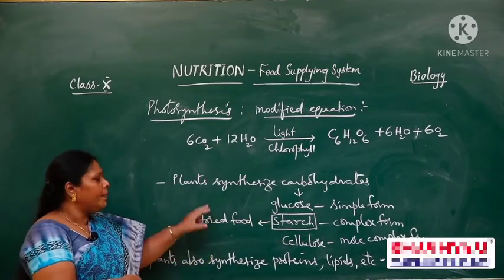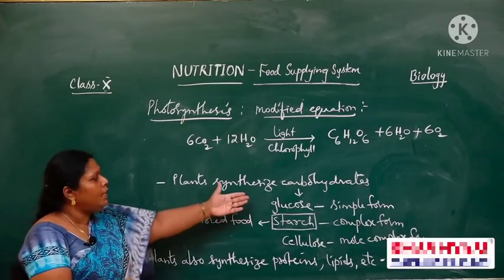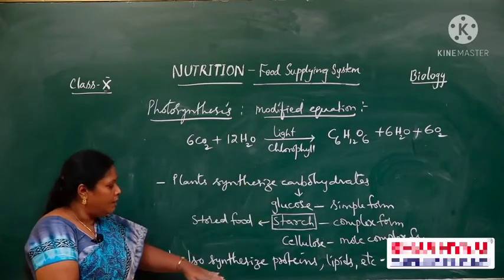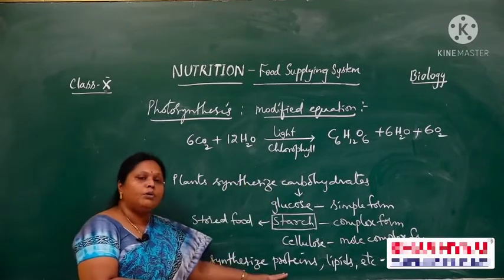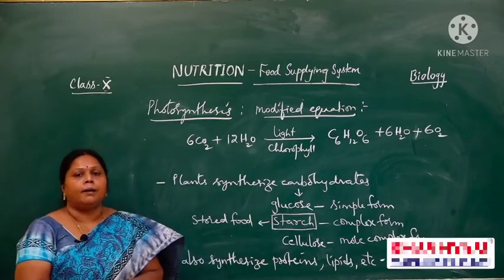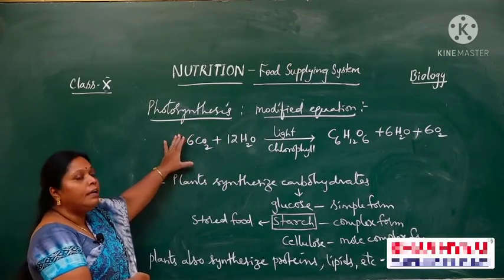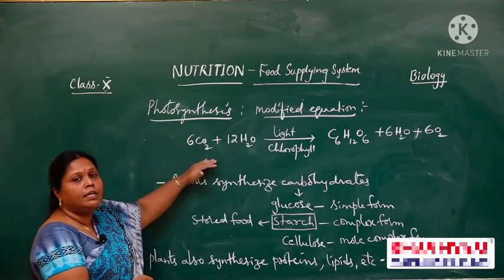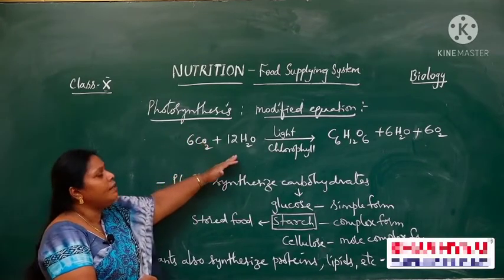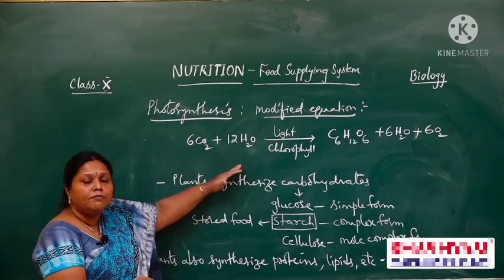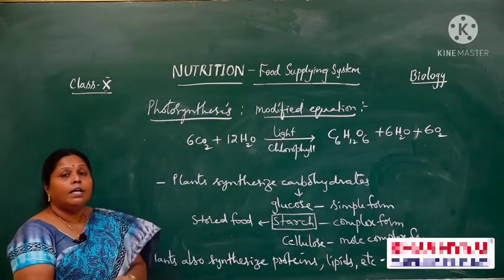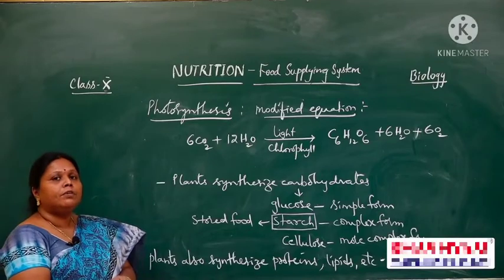Is it clear? Right. Plants not only synthesize carbohydrates, but they also synthesize proteins, lipids, etc. Now, look at the board, children. By looking at this equation, can you say what are the materials required for photosynthesis?